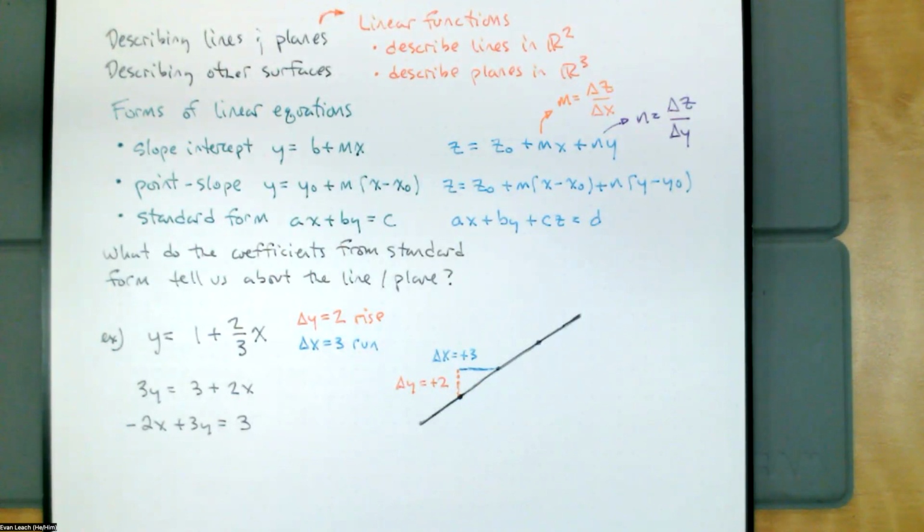Everybody see that? Our rise is 2. That's on the coefficient of the x. Our run is 3. That's on the coefficient of y. Ain't that seem backwards? That seems weird.